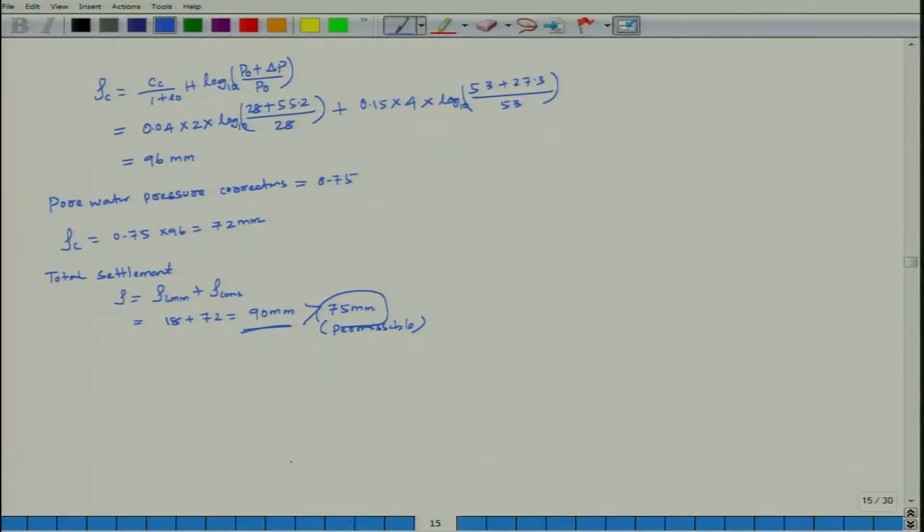So, what are the options left with you? First option, change the dimensions. If it is not feasible, change the foundation.